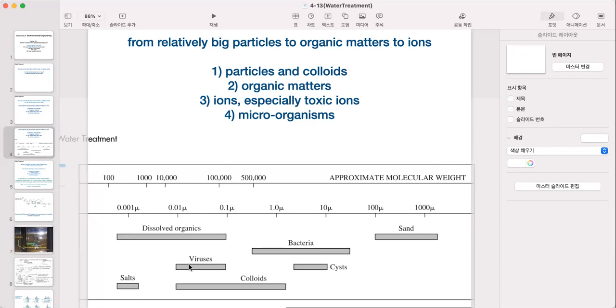So organic matter from nature, who knows what that is? It is very difficult, and it is not necessary to know exactly what they are. So we only measure levels of concentration in the unit of TOC, milligram carbon per liter.